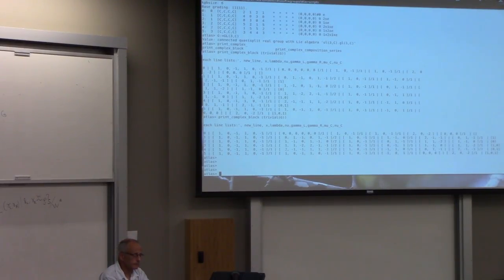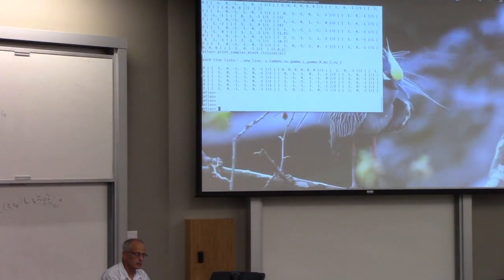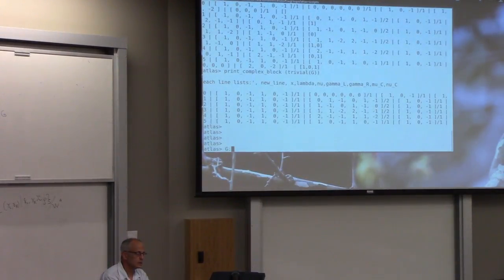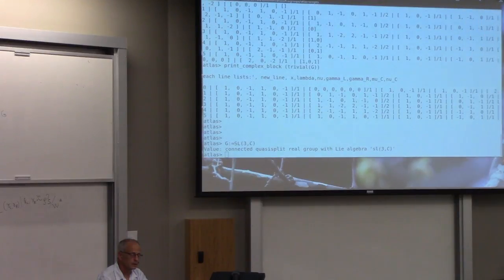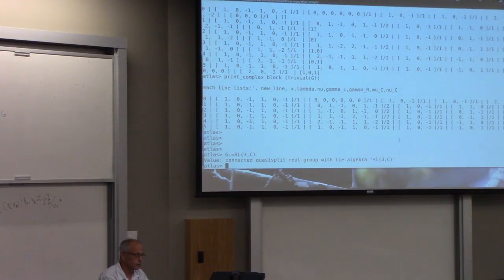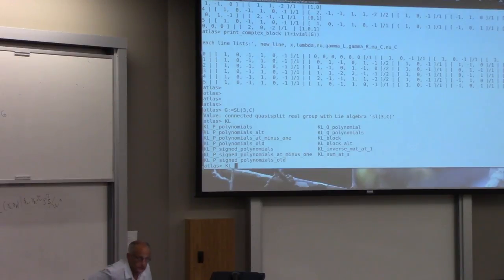Let me go back to SL3 just so things aren't so confusing. Okay, so there are a bunch of Kazhdan-Lusztig polynomial commands, and to be honest, I never remember what they are. So what I do is I type KL, capital KL, tab, and you get a list of commands that you might want to try.